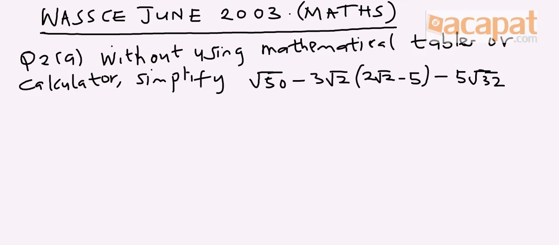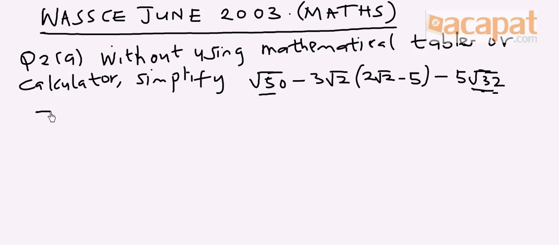Here we have a question on surd, and we are required to simplify the surd given here. To be able to simplify this surd, we have to break root 50 here and root 32 into simpler surds.